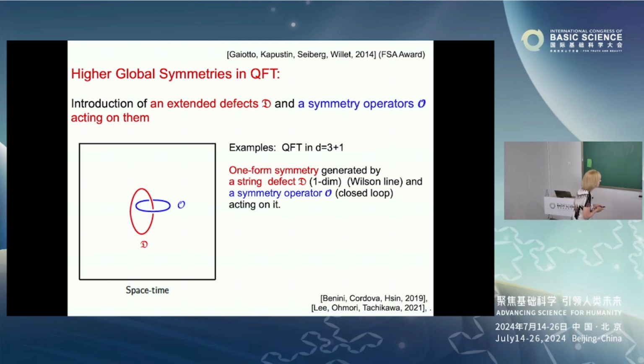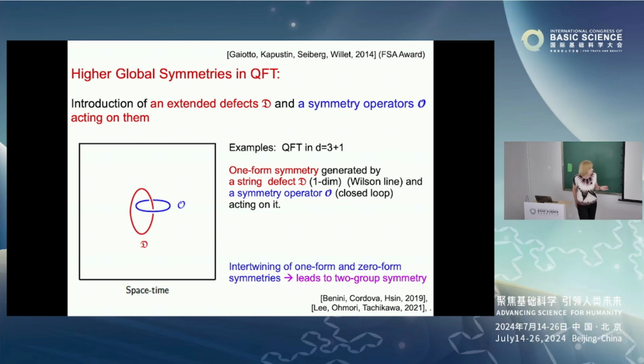Similarly, the standard zero-form symmetry and the global gauge transformations are, of course, the standard parts. When we are talking about higher form symmetries, we are going to more complicated symmetries. In particular, when we have one-form symmetries that are non-trivially intertwined with zero-form symmetries, it turns out that the symmetry structure of the theory is more complex, and it leads to the so-called two-group structure.